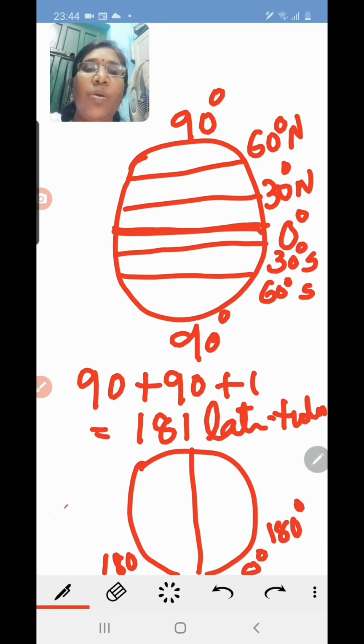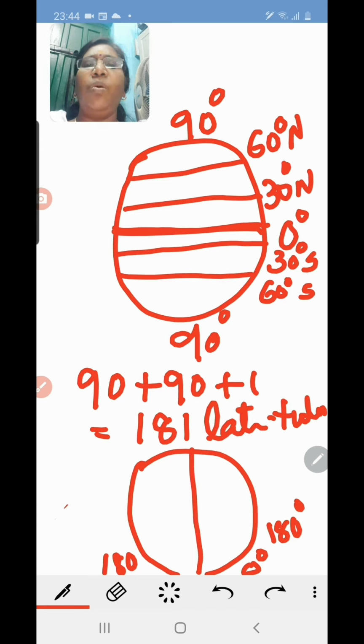I'm not drawing all the longitudes or latitudes here, and it is not possible for anyone to draw all the latitudes and longitudes on the globe. Why? If we draw, it becomes so crowded, so we only draw a particular number. Here I am not drawing any number on the meridians for lack of space.